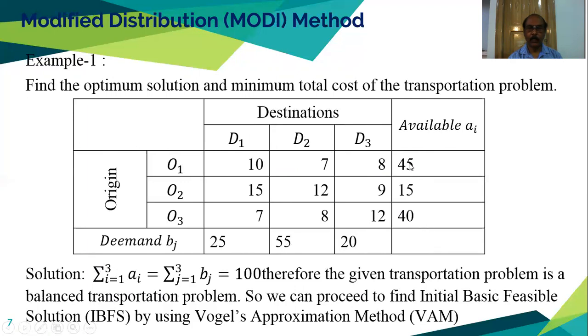Here 45 and 15 is 60, and 40 makes 100. So this is equal to 100. Therefore, the given transportation problem is a balanced transportation problem, so we can proceed to find the initial basic feasible solution.